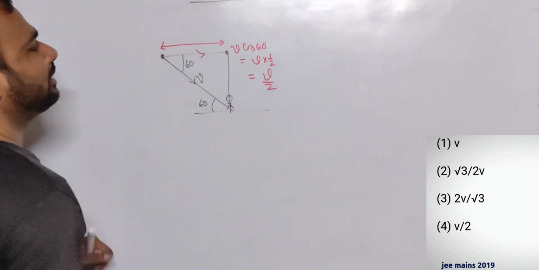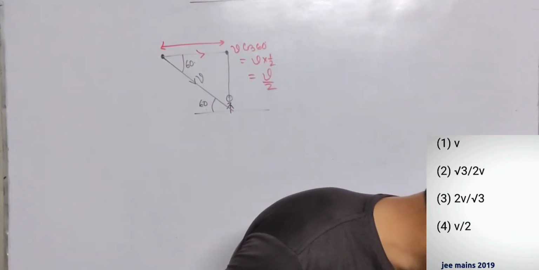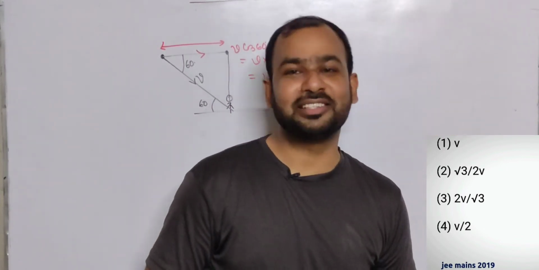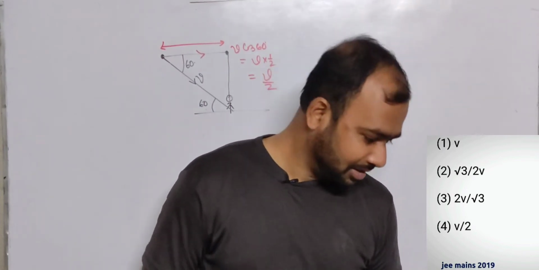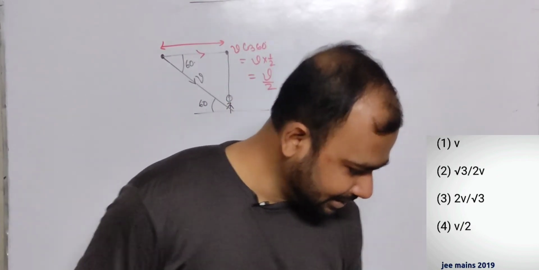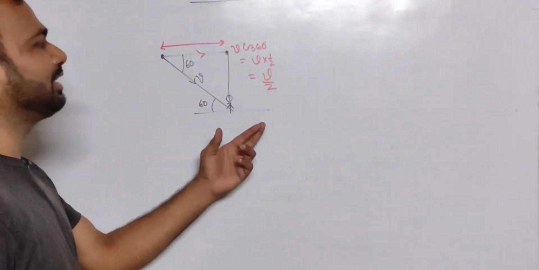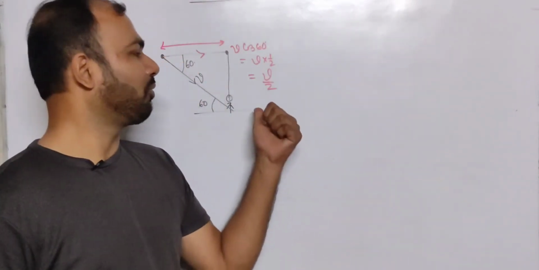V by 2 is the velocity of the plane. Very easy. It was asked in JEE Mains 2019, and the last question was JEE Mains 2020 shift 1, 2nd September, and this is 12th January 2019. The correct option is option D.